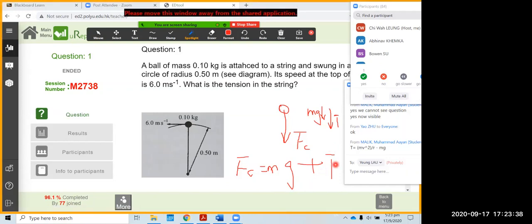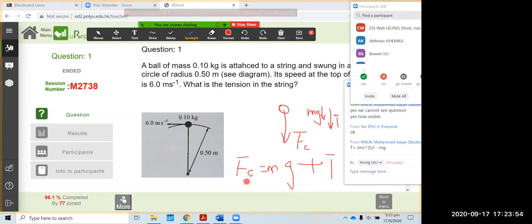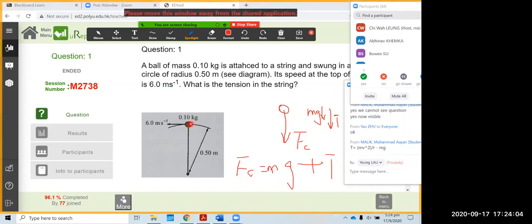It means nothing. It means nonsense. T has to be positive in order to pull the string, in order to pull the ball backward. If the centripetal force is not large, that means the velocity is not high. You would expect the ball actually not able to maneuver the highest point in the circle. It will just drop and hit your head, basically.